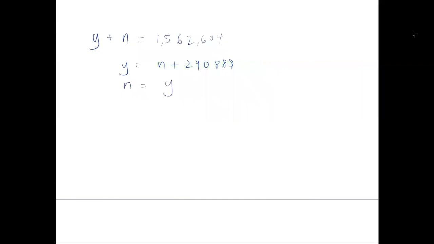So N is equal to Y minus 290,888. Just rearranging it, have a look at that and make sure that you've understood what's happened there. Effectively, I've subtracted 290,888 from both sides, and then swapped them over. I've done two things in the one step, so make sure you're comfortable with that.